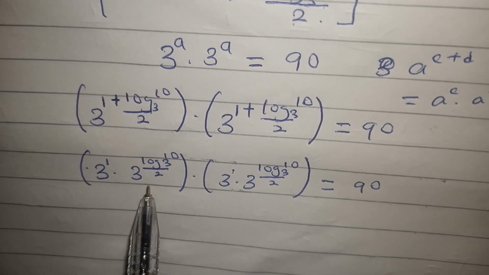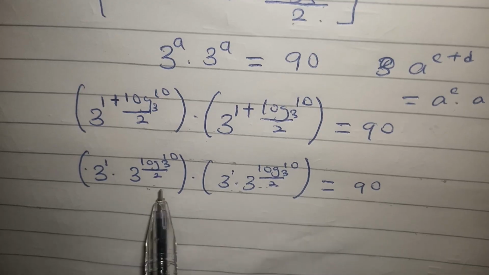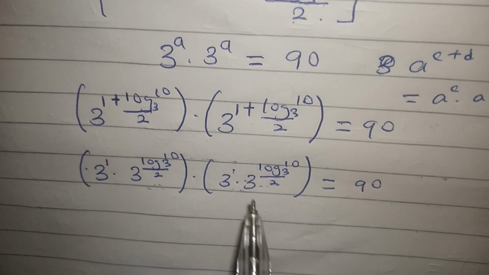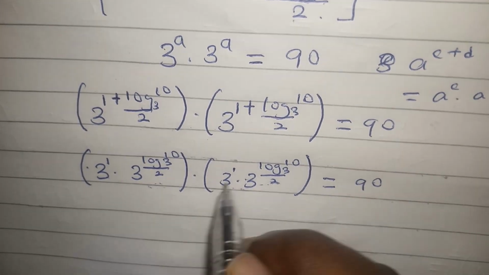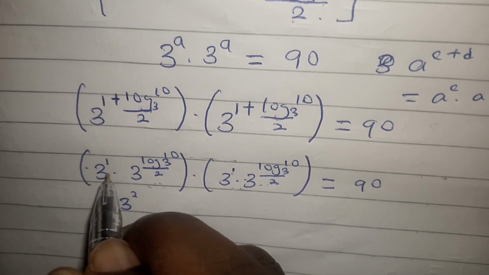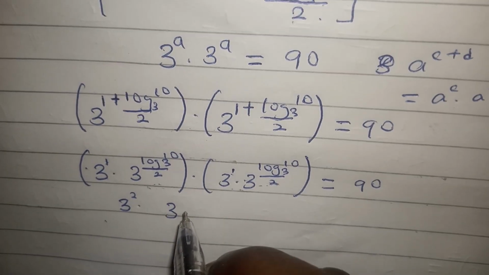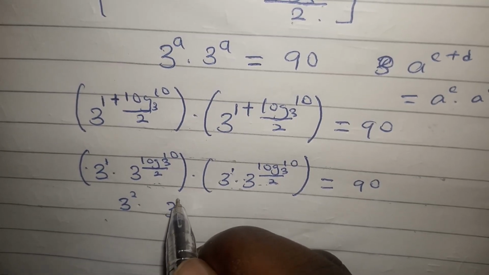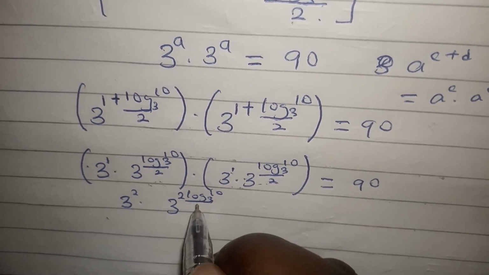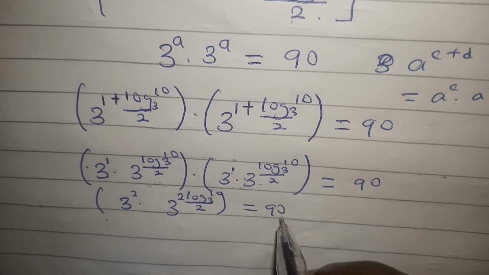You can see that this and this are the same. So if we apply the rules of indices, we are going to arrive at 3 to the power of 2, since 1 plus 1 gives us 2, times 3 to the power of 2 log 10 to base 3 over 2, equals 90.